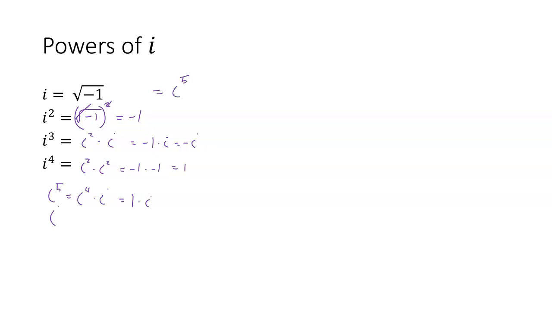And if I have i to the sixth, what's i to the fourth? What's i squared? What's 1 times negative 1? And then I'm back here. i to the sixth, i to the seventh, i to the eighth, and so on and so on and so on. So when you're simplifying your imaginary numbers, they follow this pattern.